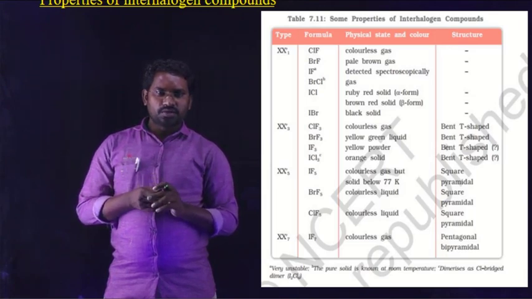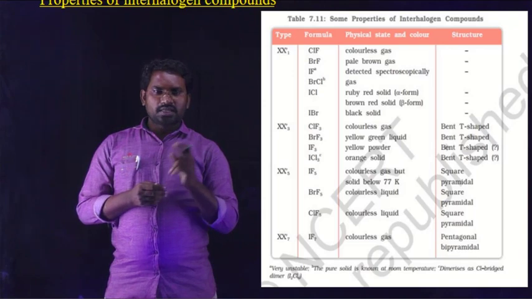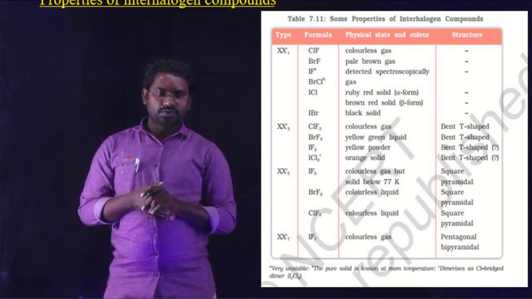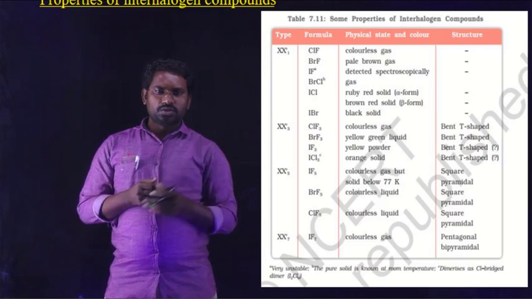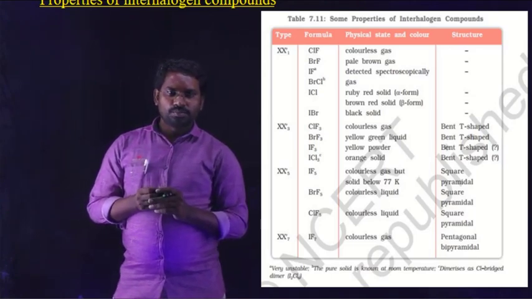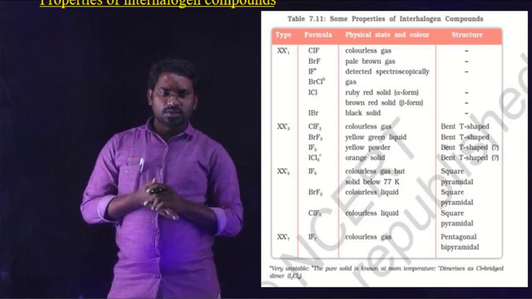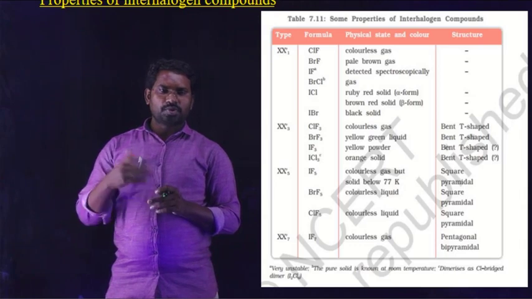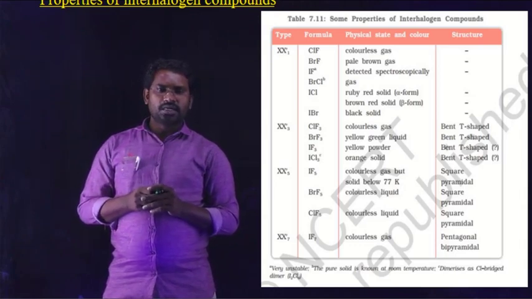In case of the XX3' type, there are so many examples, ClF3, BrF3, and so on. These are also colorless gases. ClF3 and BrF3 are pale greenish yellow colored gases. In case of XX3', the shape of the molecule is a bent T-shaped molecule.